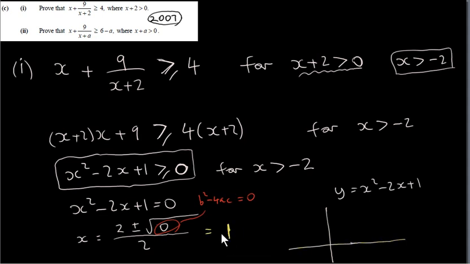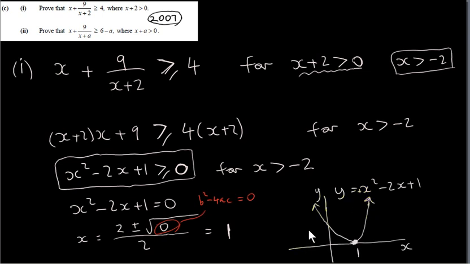Now we know that there's only one solution, at x equals 1, so the graph must cross the x-axis at x equals 1. Furthermore, we know that the x squared term is positive, which means that the u-shape is upright. So the graph must look like this, crossing at x equals 1. Of course, it goes on forever, hence the arrows.